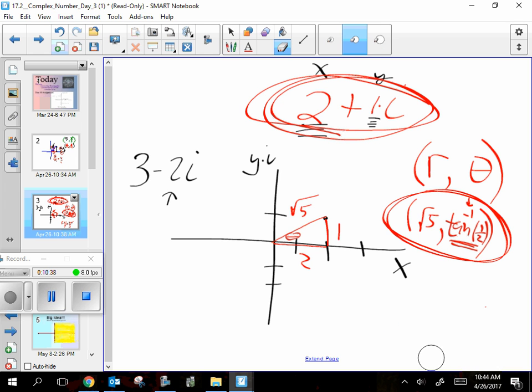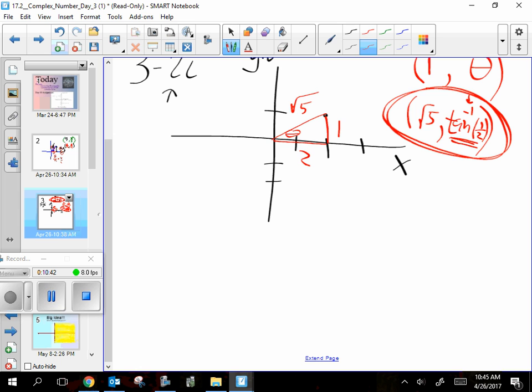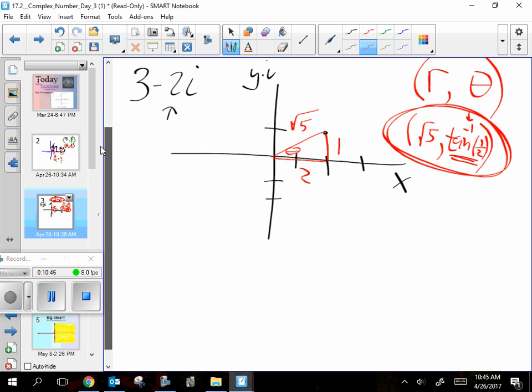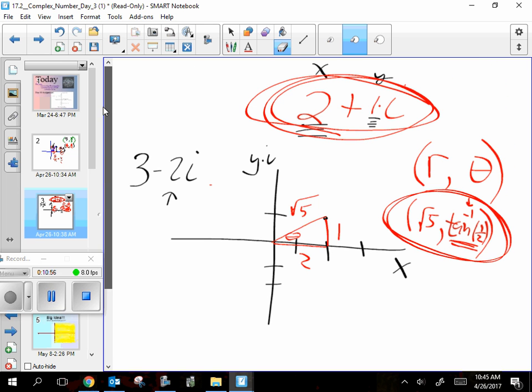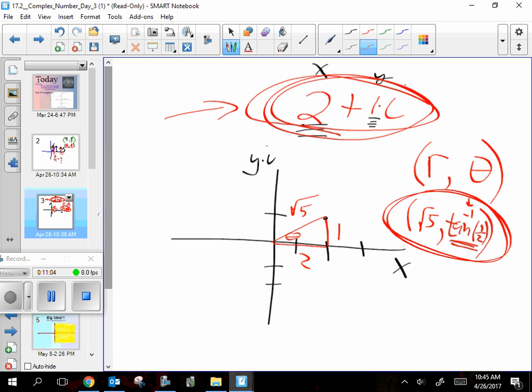So let me show you on this one where this comes from. Do you get from my picture here that my original thing, which was, what was my original? 2 plus 1i. I didn't use this one, I used the one I circled there. 2 plus 1i. That was what kind of a number again?